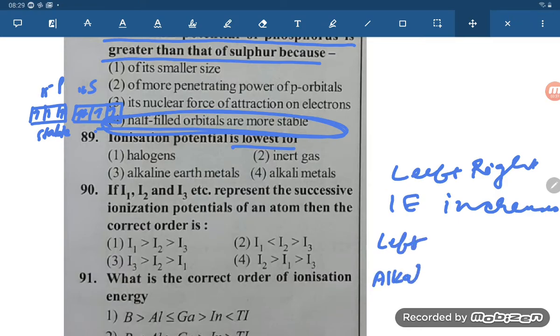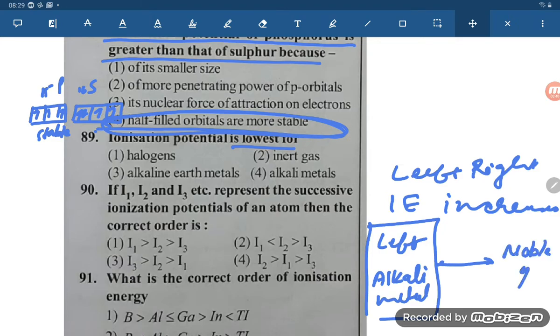When you are going to the right side, there are noble gases. Which one has the high ionization enthalpy? Noble gases. So the correct option will be option number 4.